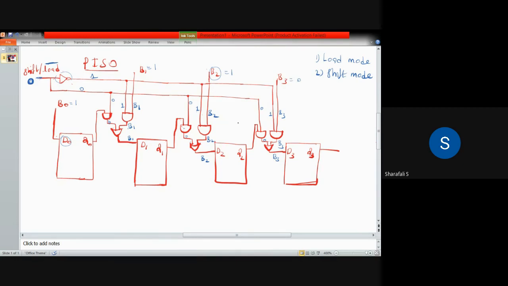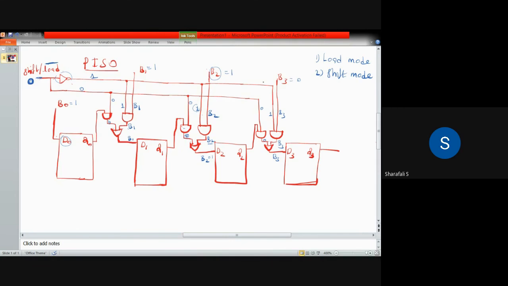Okay, so those values will be given to this AND gate, and that will be taken product with this 1, and that will give B2, taken OR with this 0, and that will give B2. So that 1 will be coming here, B2 equal to 1 coming here. Okay, in this way we are parallelly giving input.